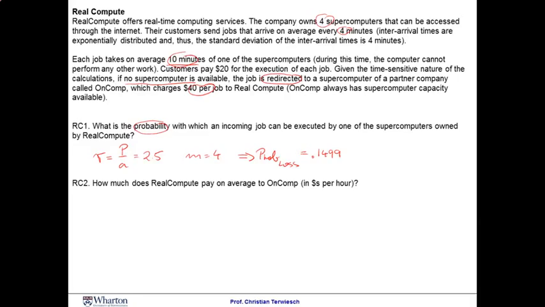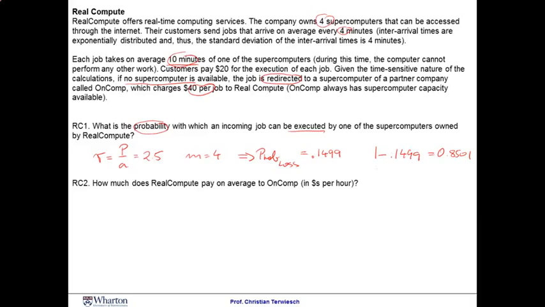Notice the question here is asking for the probability with which an incoming job can be executed, and so we have to take 1 minus that probability as the answer. And so the answer to this question is 85.01%.